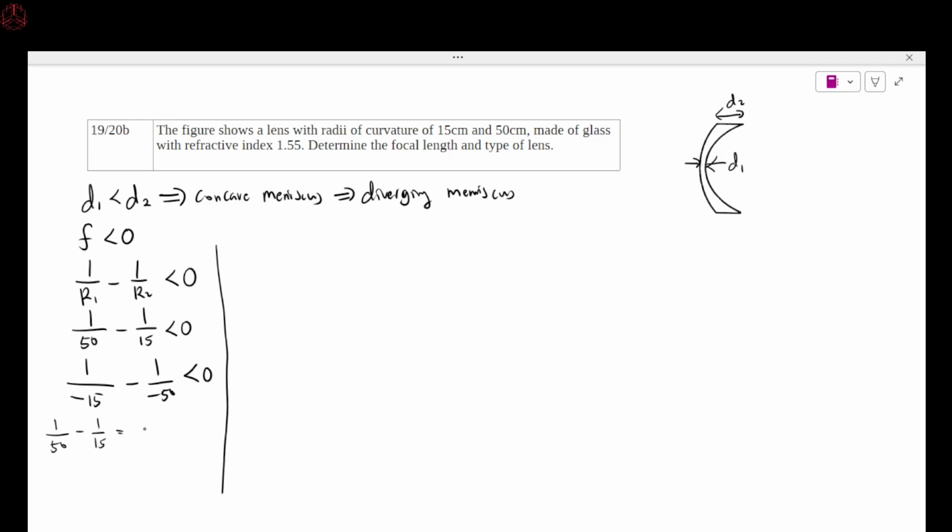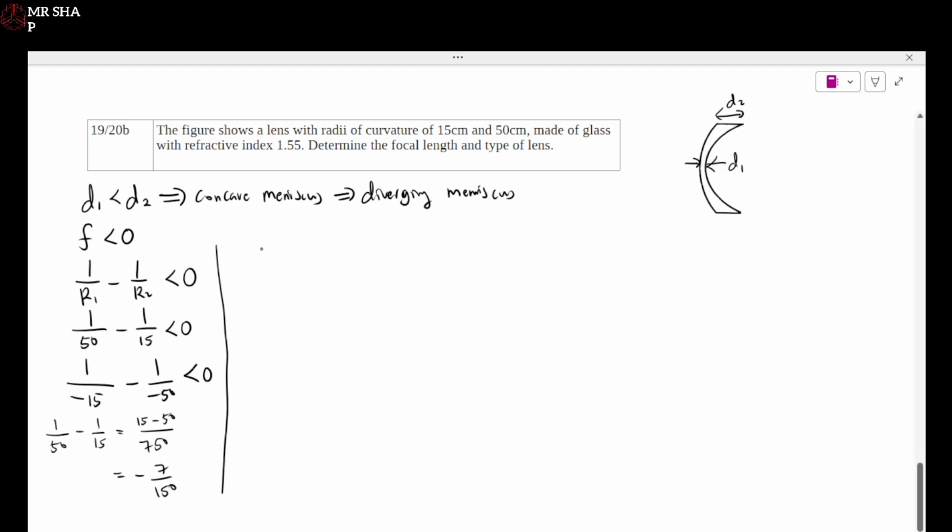That means I will have 15 minus 50 over 50 times 15, which is 750. Simplifying this, I have 15 minus 50 over 750, which gives a value of negative 7 over 150.